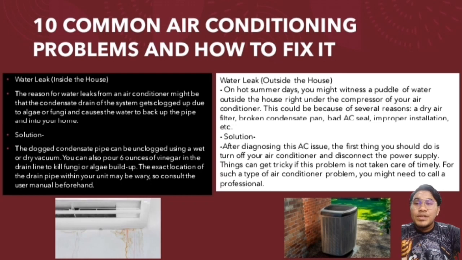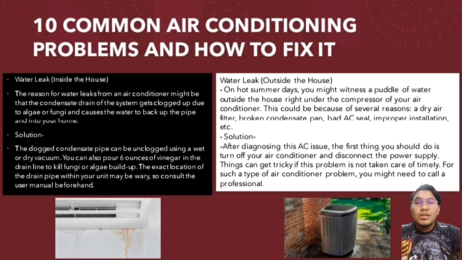The solution is that the clogged condenser pipe can be unclogged using a wet or dry vacuum, or you can also put 6 ounces of vinegar in the drain line to kill fungi or algae build up. The exact location of the drain pipe within your unit may be tricky to find, so consult the user manual beforehand.